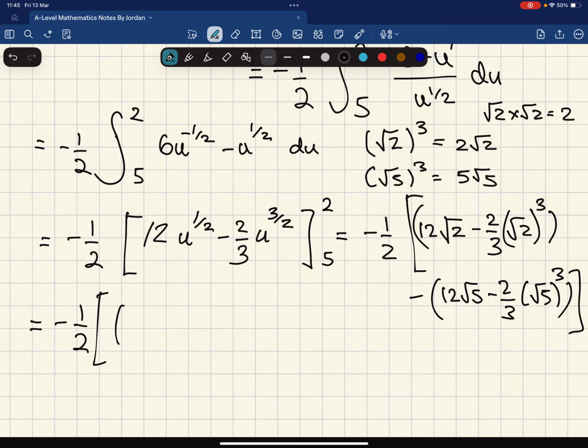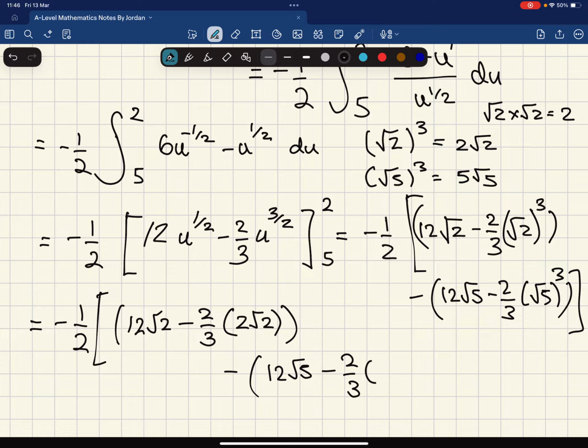Okay, so I'm going to have a go at putting those in. So we have 12 √2, take away 2/3, and this is going to go to 2 √2 now. Then we've got 12 √5, take away 2/3 of, this time going to 5 √5.